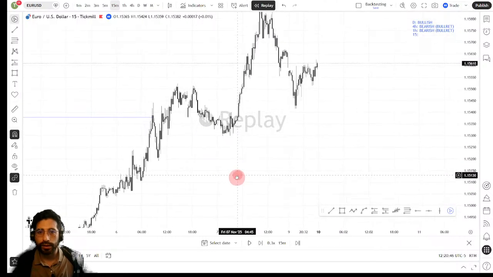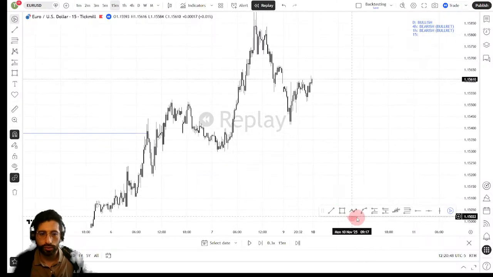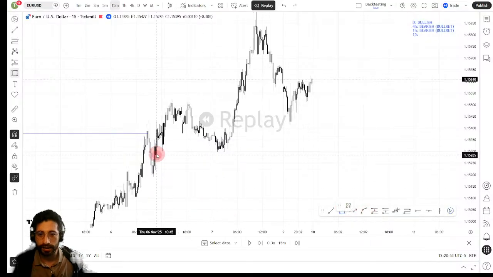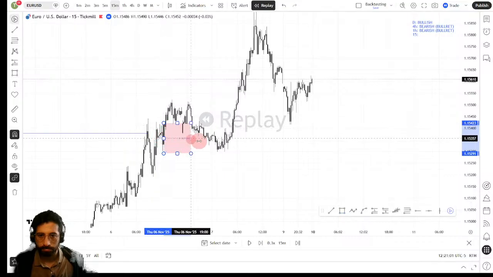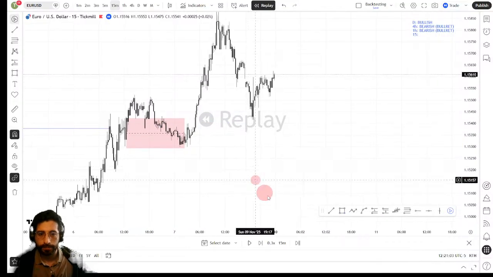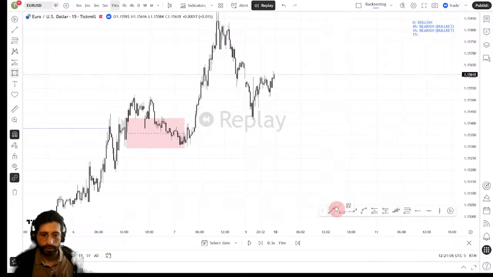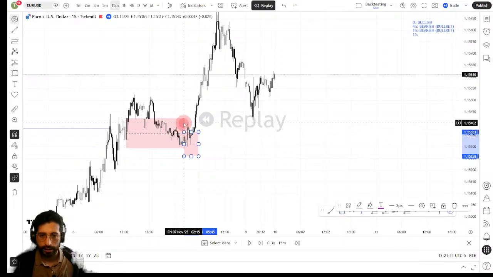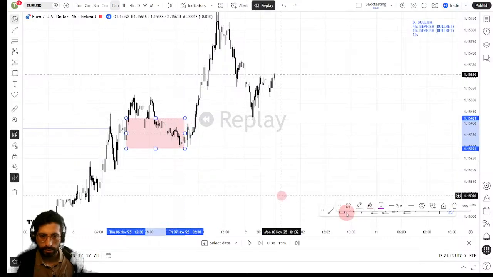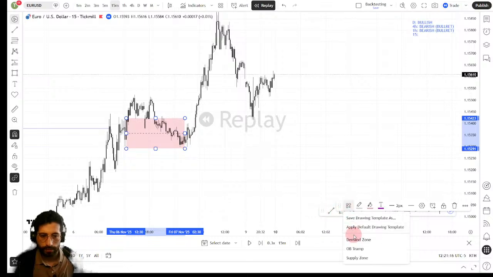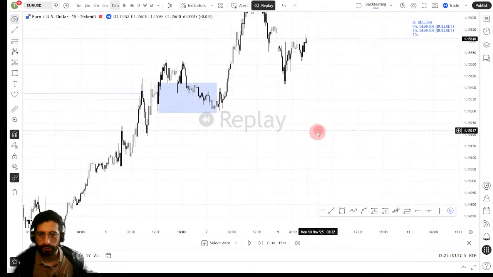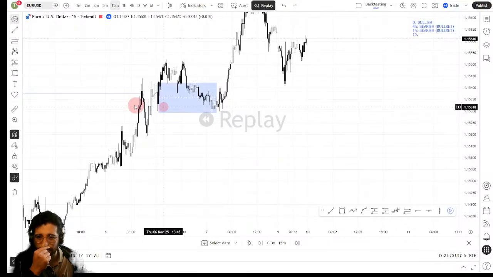Now we need to find out the 15 minutes order block, the 15 minutes range beginning, which is actually here. Here it is. This is the 15 minutes range, a demand zone. Perfect. In a demand zone, I believe.